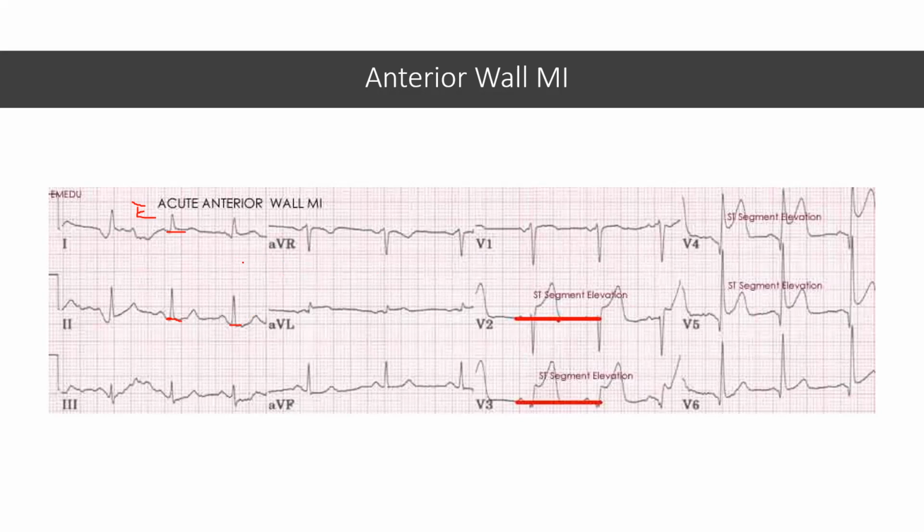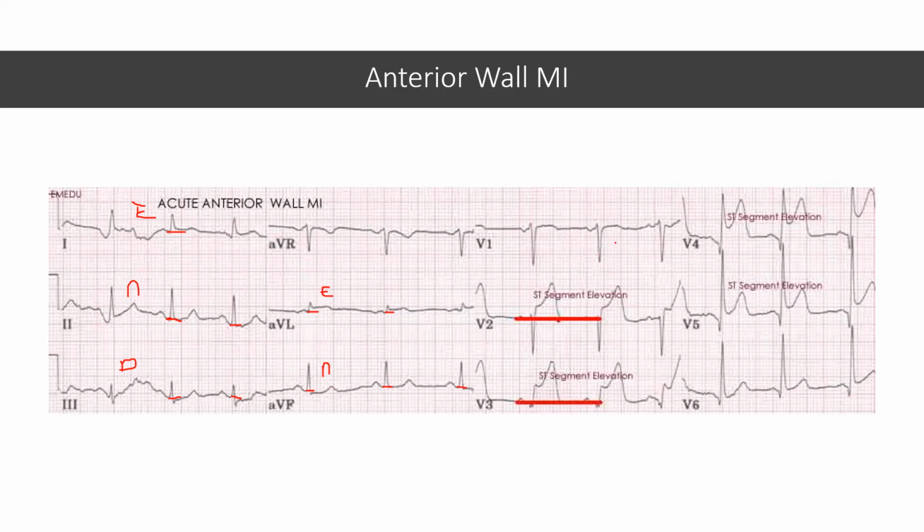Lead 2. It's normal, isn't it? Yes, it's normal. How about lead 3? Again, here's the baseline right here. Depressed. Very good. How about AVL? Elevated. Very good. How about AVF? Slightly depressed or normal. Okay.